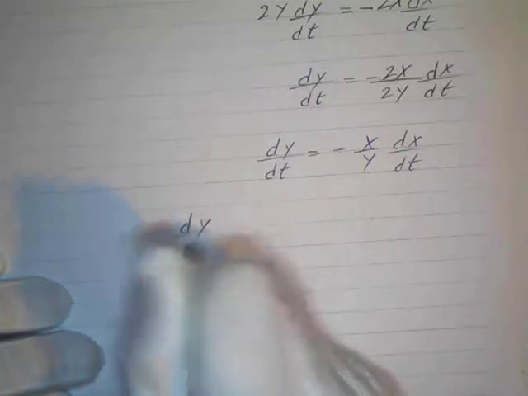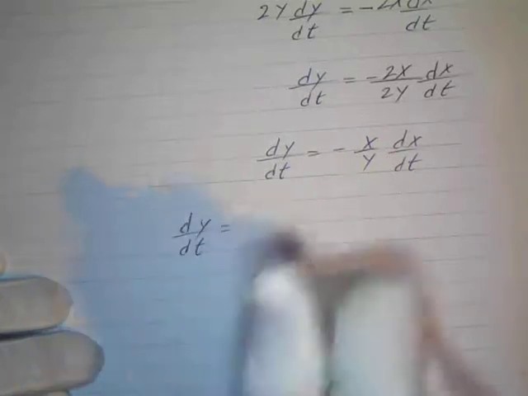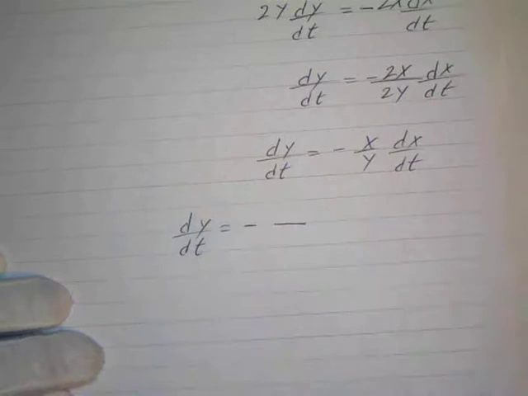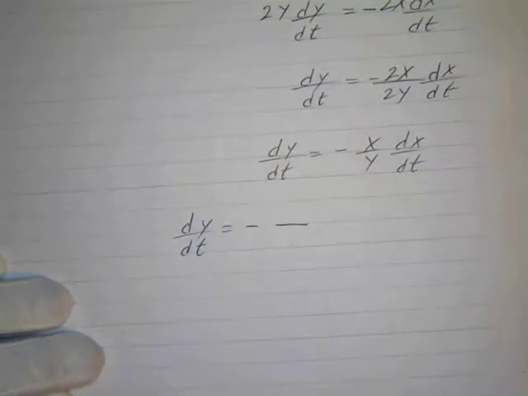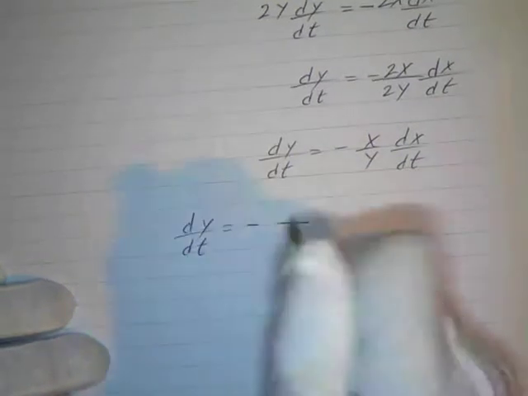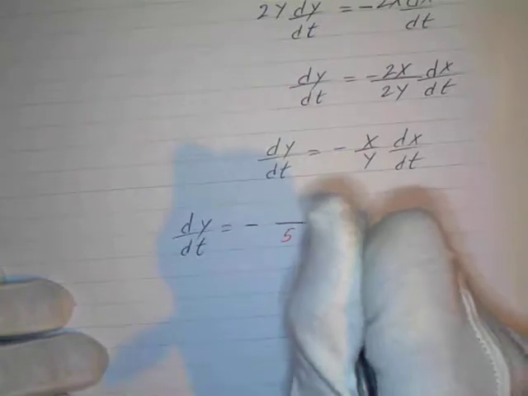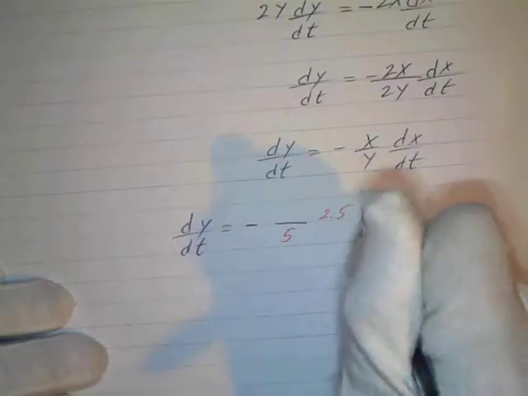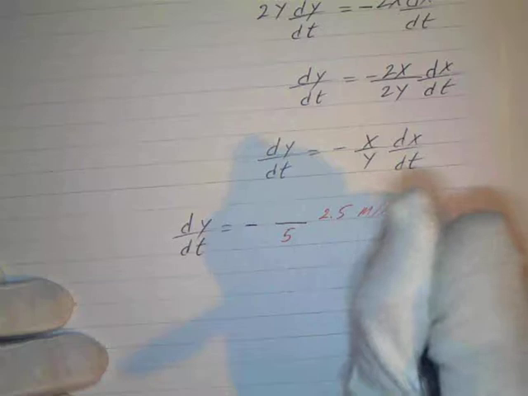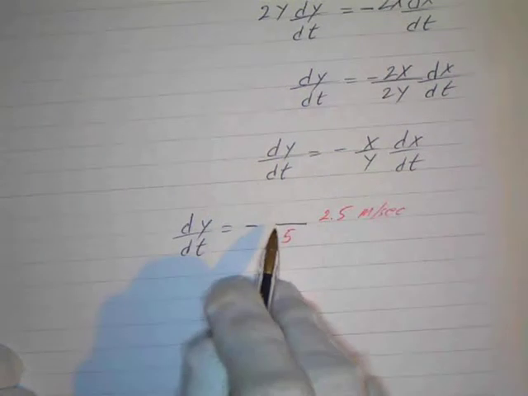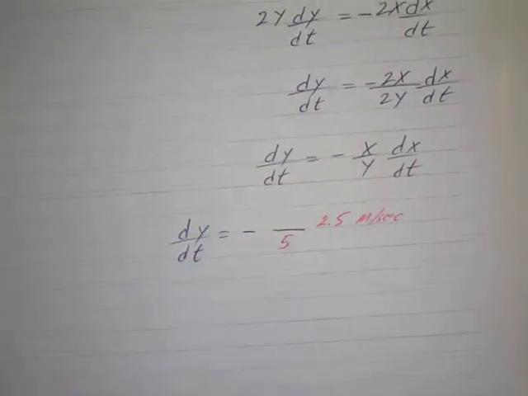And then we just substitute in. So dy/dt equals negative, and then what's my x? I don't know what my x is. What's my y? My y is going to be 5. And my dx/dt is 2.5 meters per second. So now I have to figure out what the x is, and again we'll draw a triangle. Now remember, if we gave you the x, you'd find the y. So the same idea.